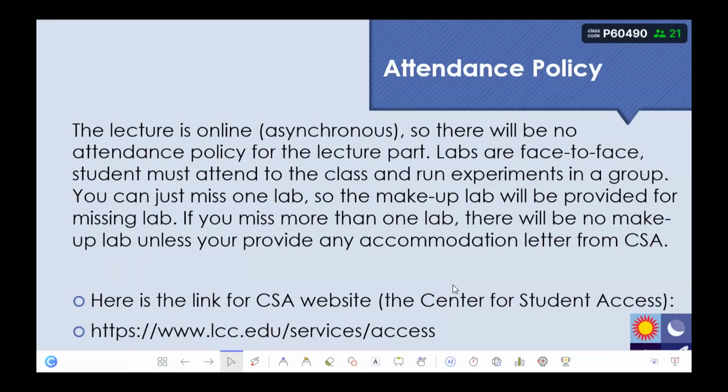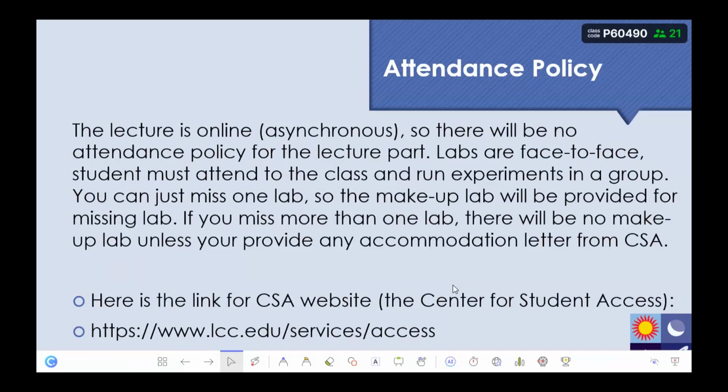But if you are planning to miss more than 1 lab, you need to go to the Center for Student Access and talk to them if you have any difficulty.